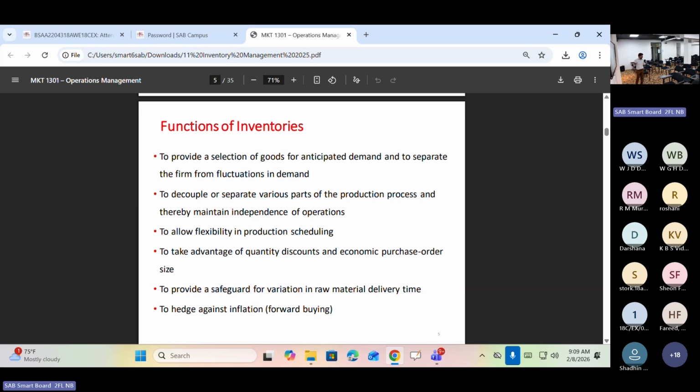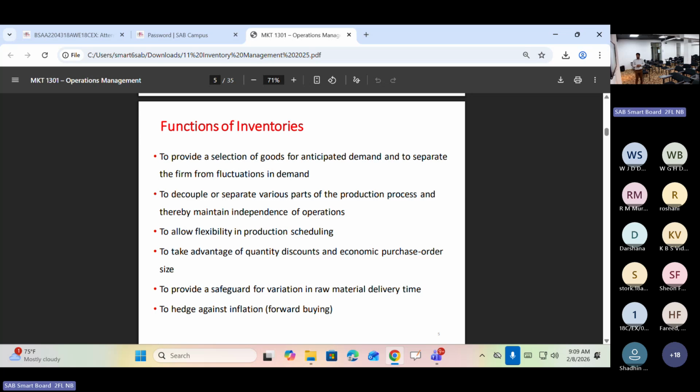They are operating with inventories. So that is the meaning of separating the firm or the production processes from changes in the marketplace, like fluctuations in demand.